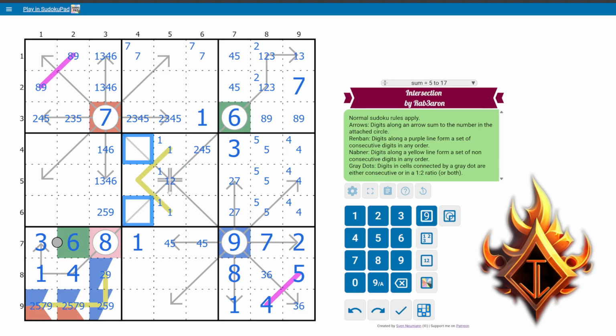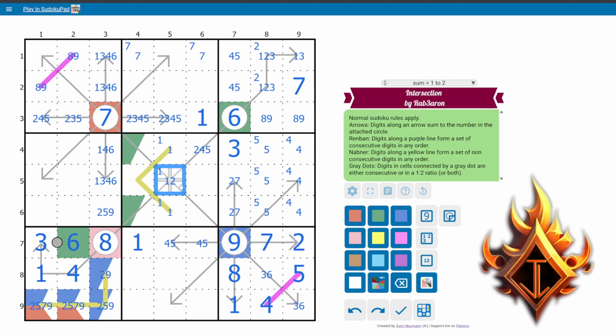But green, let me try that again. I think green goes over here no matter what. If that is 1, it's 5, 8. Yeah, might as well just mark it. 1, 6. If it's 2, as in this is not 2 ever.